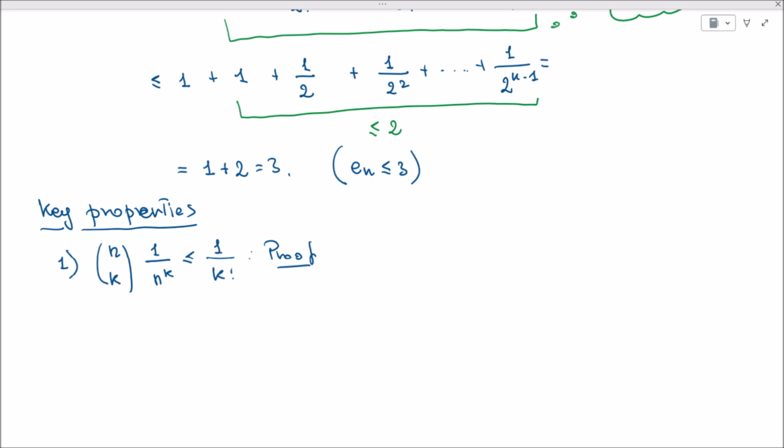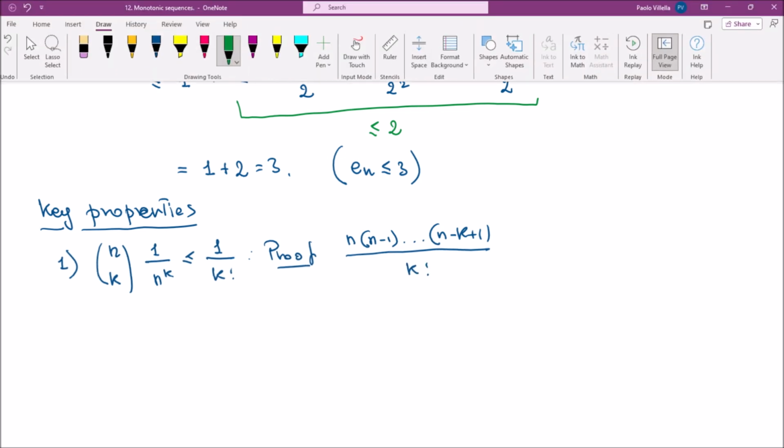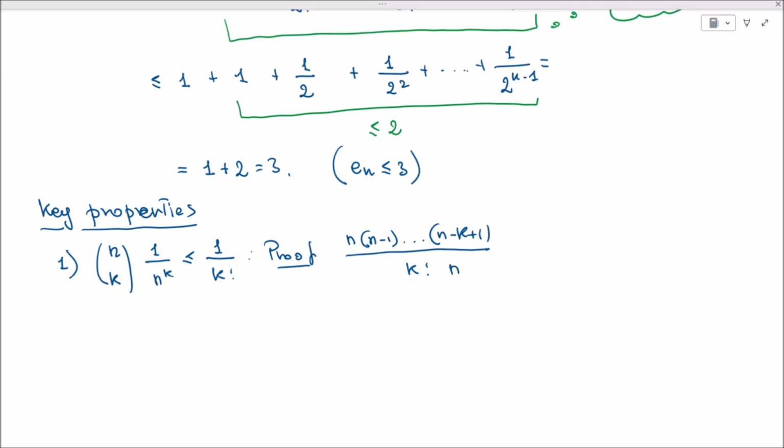Well, we know that n choose k is n times n minus 1 up to n minus k plus 1, all this divided by k factorial. Of course we need also to multiply by n to the k at the denominator.